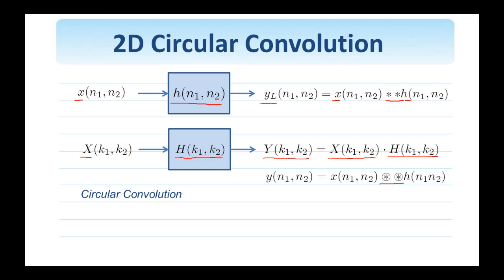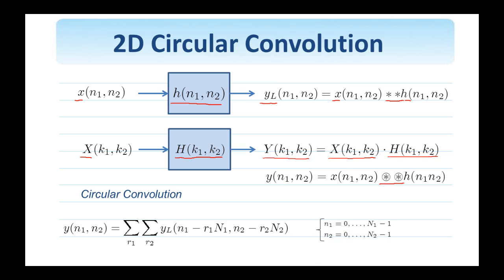Another way to think of the circular convolution, maybe a more useful way, is through the linear convolution as shown by this expression. So according to this, I first find the linear convolution y_L of X with H, and then I periodically extend it with periods N1 and N2, where r1, r2 range from minus infinity to infinity.